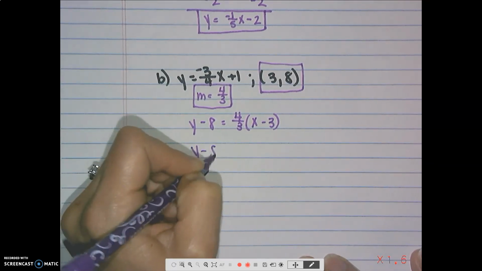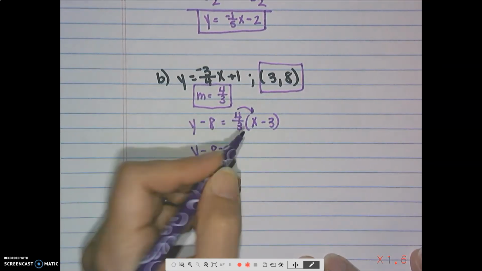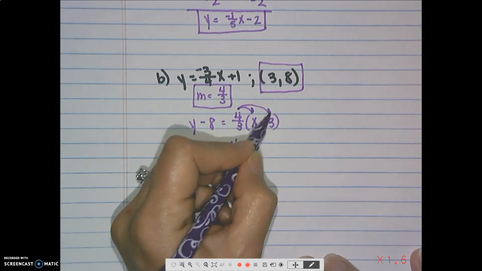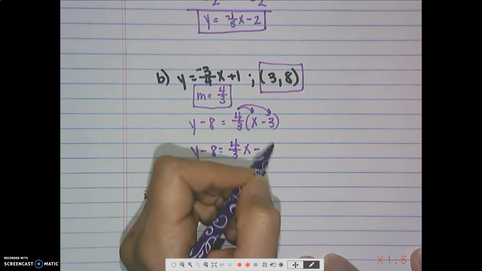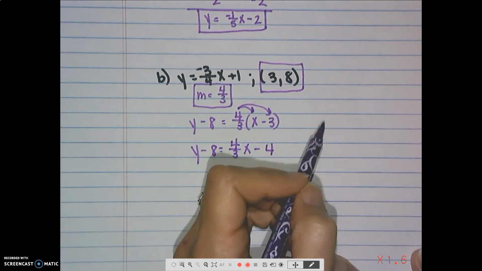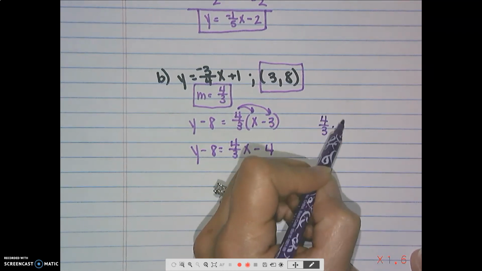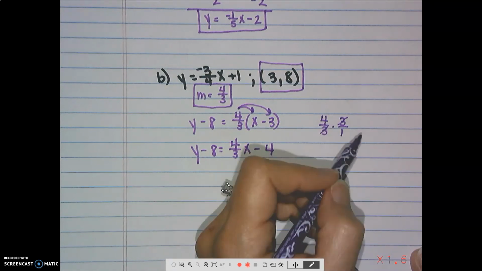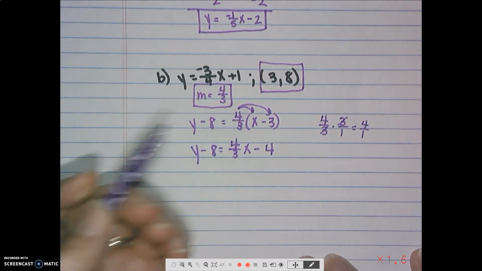So when we distribute, 4/3 times x is 4/3 x. 4/3 times negative 3 is going to be a negative 4. So there I did 4/3 times 3/1. The 3 divided by 3 goes away, so we're left with just 4/1 or 4.